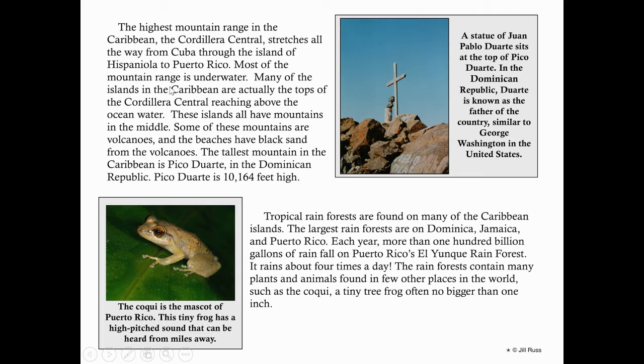Many of the islands in the Caribbean are actually the tops of the Cordillera Central, reaching above the ocean water. So the islands are actually the tops of mountains because the mountain's under the water. These islands all have mountains in the middle. Some of these mountains are volcanoes, and the beaches have black sand from the volcanoes.